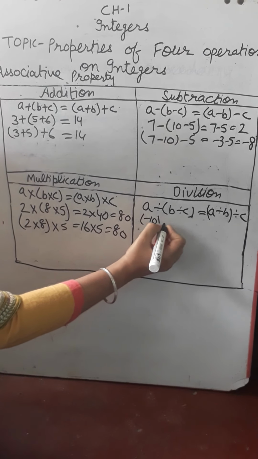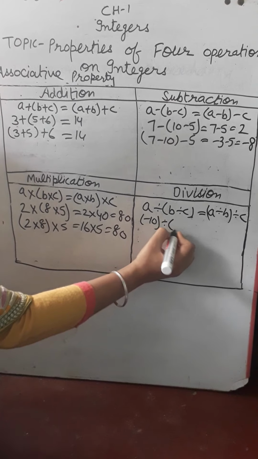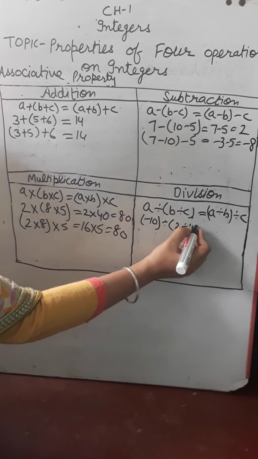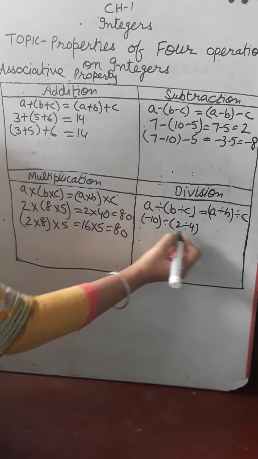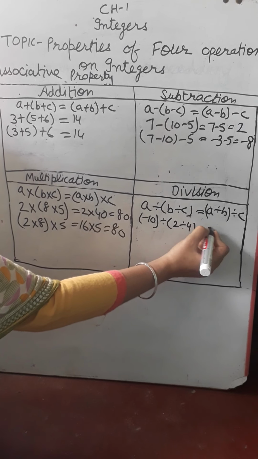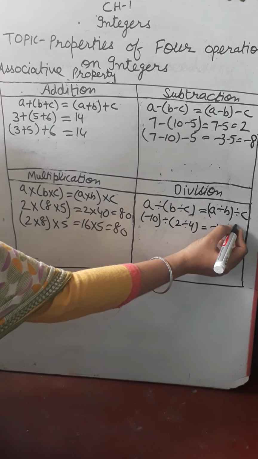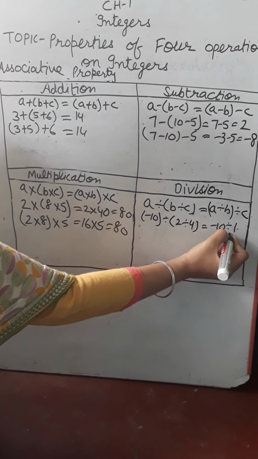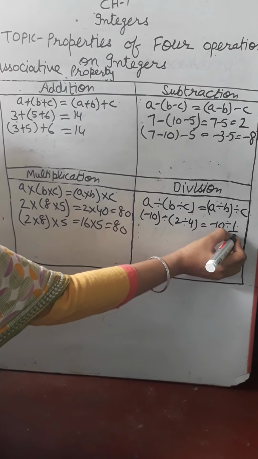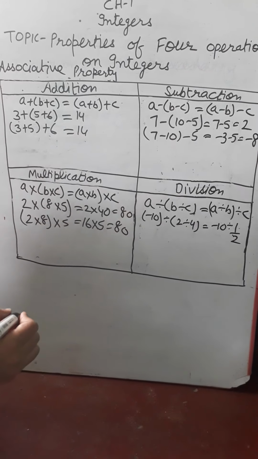Minus 10 divided by 2 divided by 4. What we will get? Minus 10 divided by 2 divided by 4 is 1 by 2. Then what we will get?